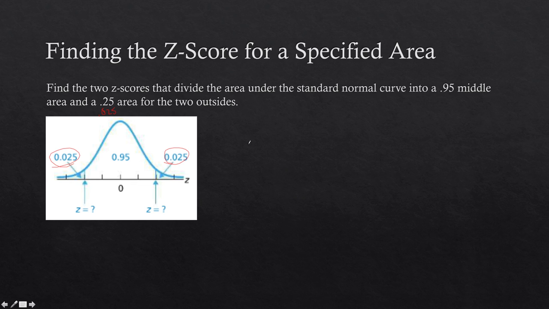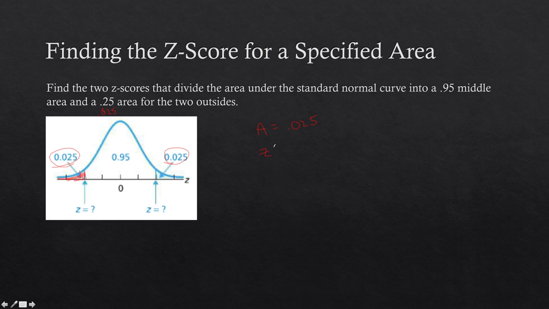So here's what I'm going to do. The table reads from the left. So I'm going to look for this area first because that is the area from the left, and we can figure that out very easily. So what we need to do is take your table, and I told you the area is 0.025 from the left, and so what you need to do is read over and see what the z-score is.